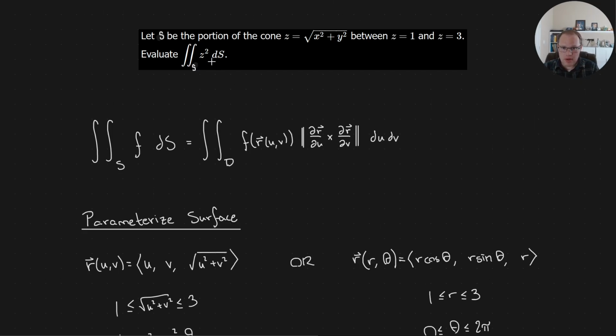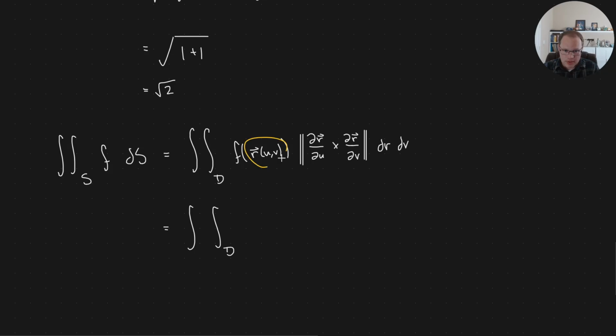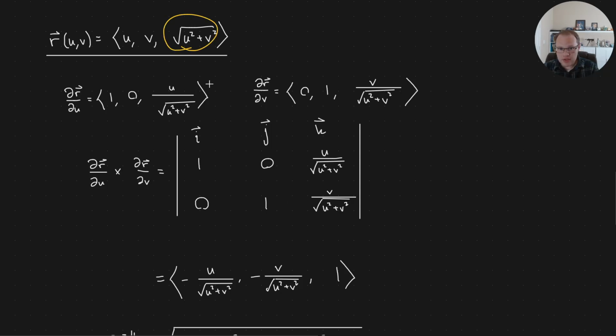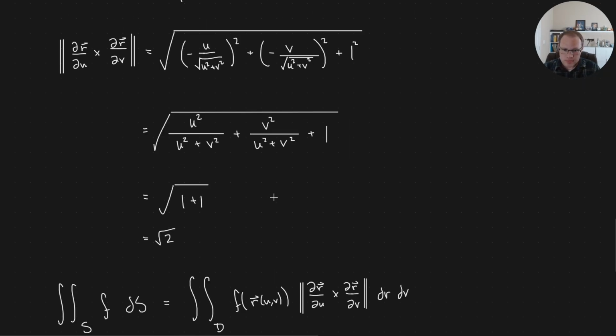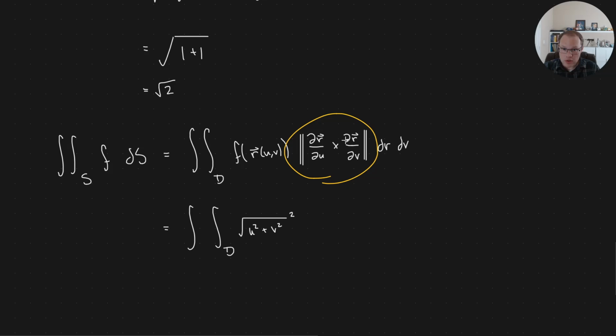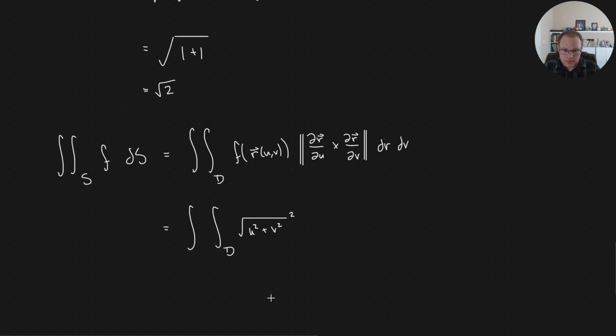Go way back to the top. There it is. That's my function. And I want to plug in my parameterization for the surface. So I plug in this for z: square root of u squared plus v squared, squared. Then multiply by the norm of our cross product of partial derivatives. I've already found that. That's right here. That's square root of 2, du dv.